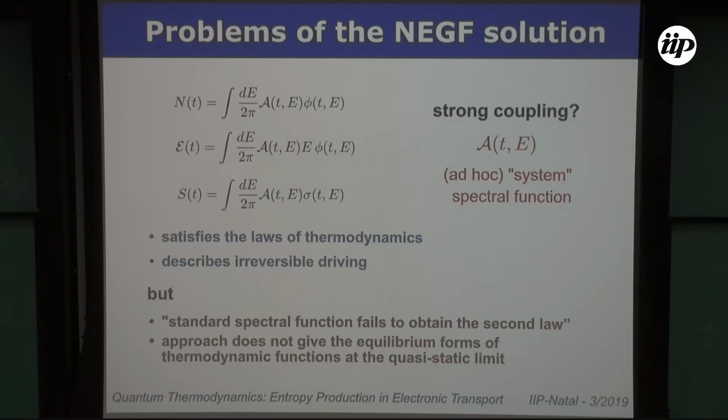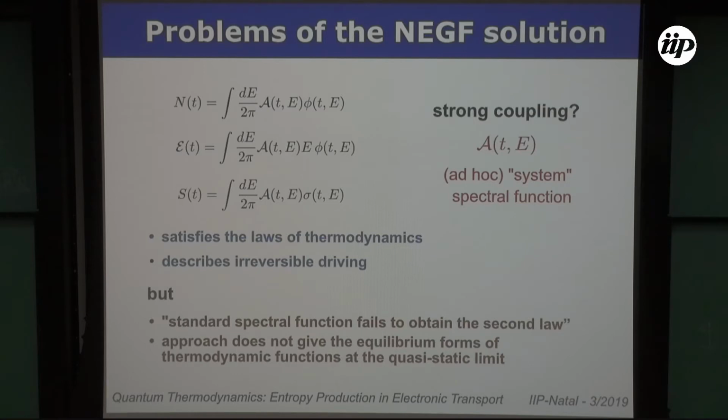There are some ad hoc assumptions. So they get relations which satisfy the laws of thermodynamics. And more importantly, it actually describes irreversible driving. So if you drive the system very fast, there is an entropy production, and the process becomes irreversible.